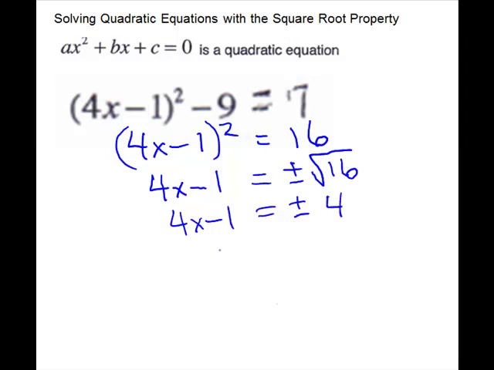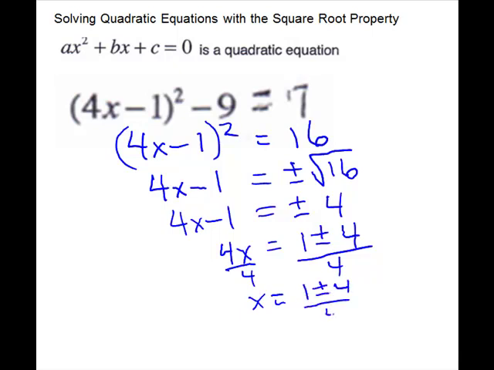We will add the 1 to both sides. 4x equals 1 plus or minus 4. And we will divide by 4. So x equals 1 plus or minus 4 divided by 4. Simplify these.